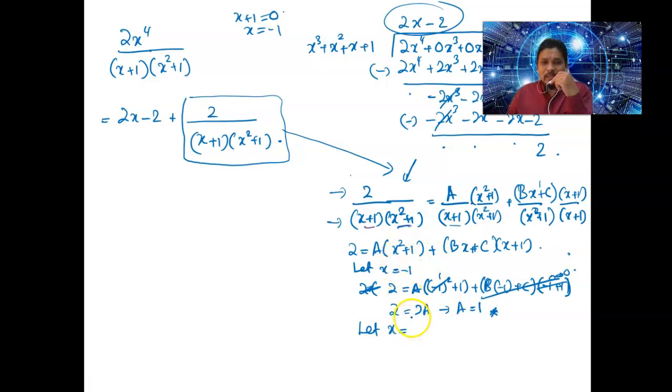Let's just think of any value of x that at least makes the equation simple, with simple numbers. Okay, let x equal to 1.